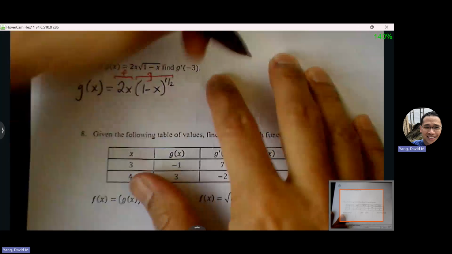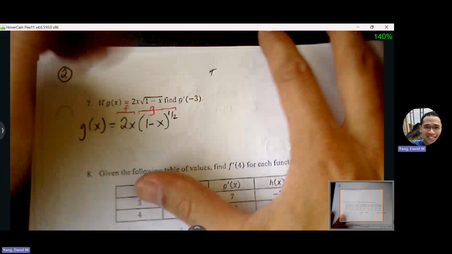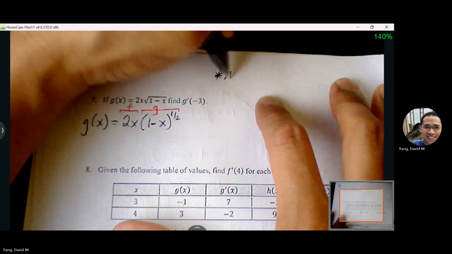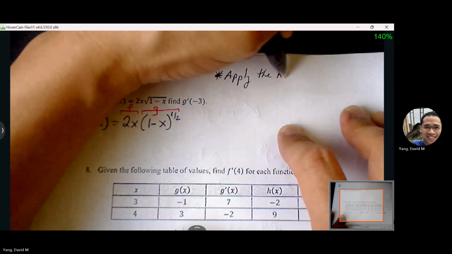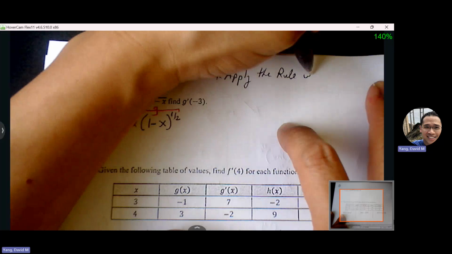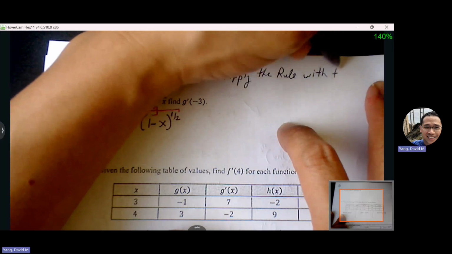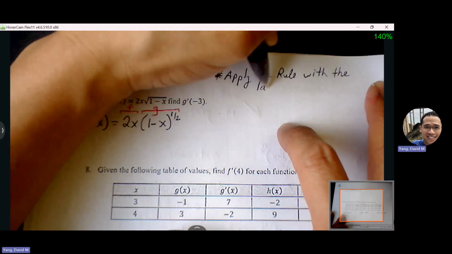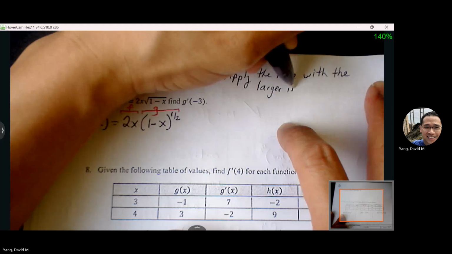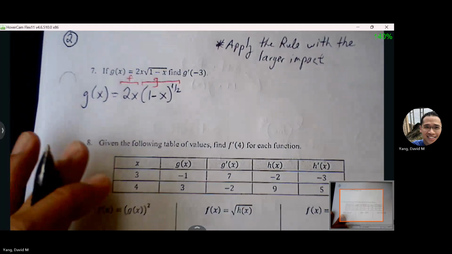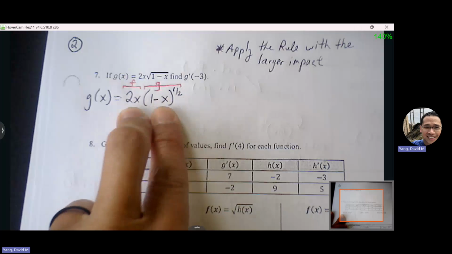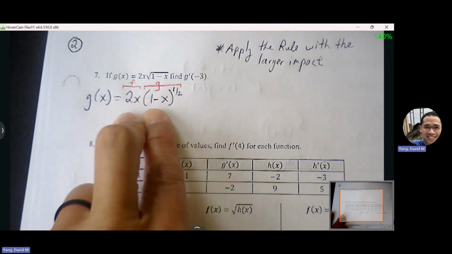Okay, so if you're deciding between two rules, apply the rule with the larger impact. So here, product rule is impacting a larger portion of the problem than chain rule. So you want to do the larger one first.